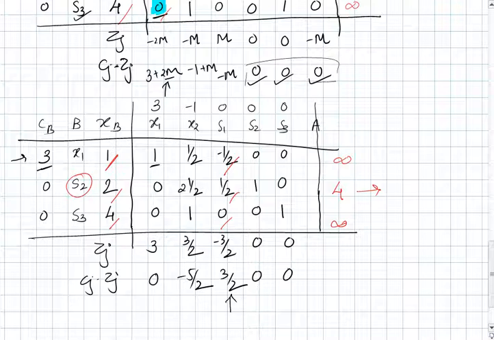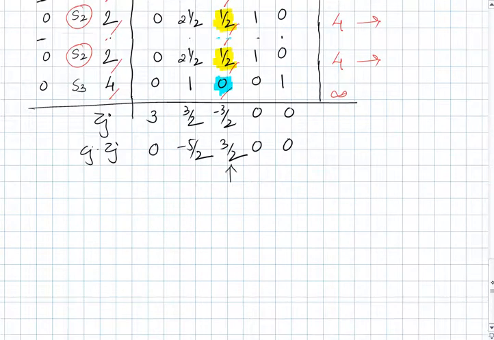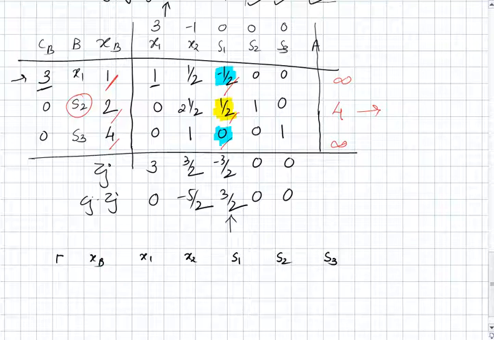Okay. As previously we have done, we have to make this entry 1 and this entry 0. In the third constraint we are not required to do any process because this entry is already 0. So let's make the next table. We have x1, x2, s1, s2, s3, xb, b, cb.